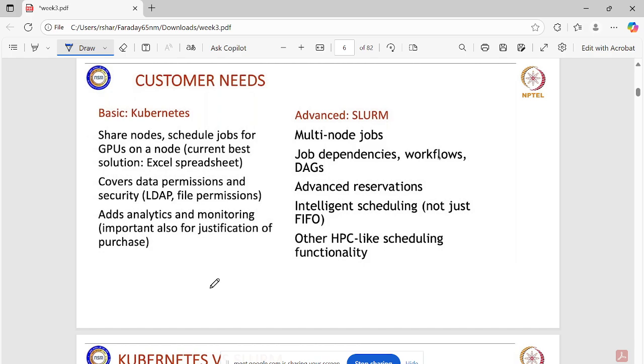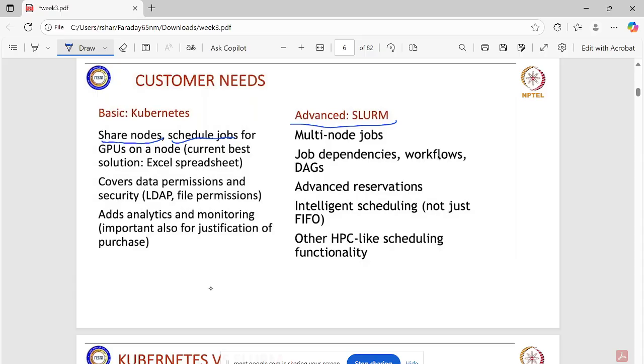So in Kubernetes, you share nodes, which schedules the job for the GPU on the node. It's like giving permission, security. You can do analysis, monitoring, and the advanced one is Slurm.